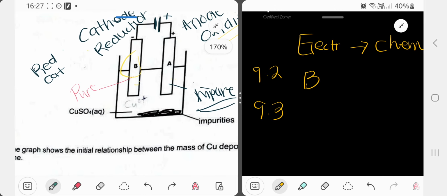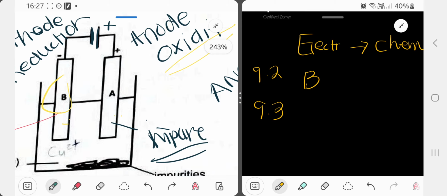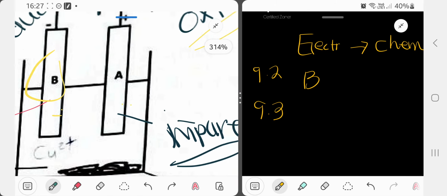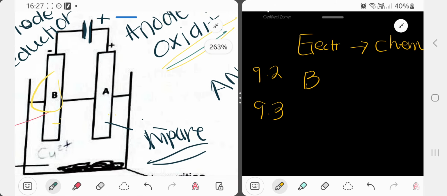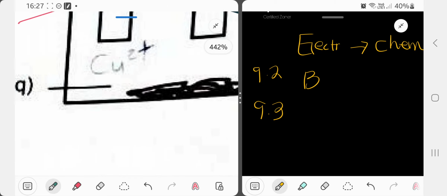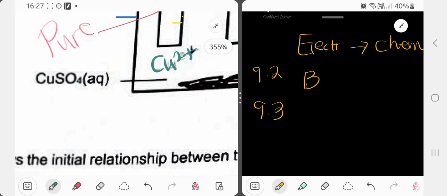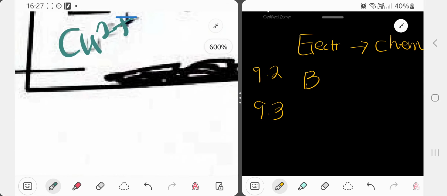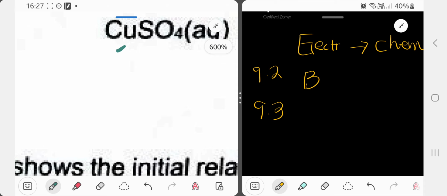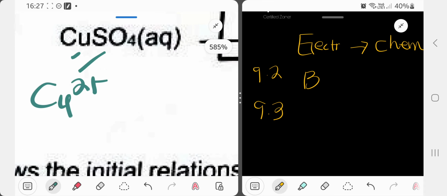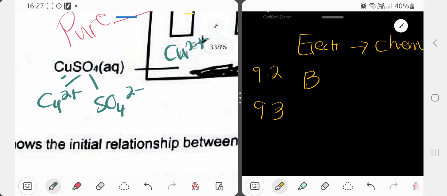Now they're asking us for the half reaction that happens at the anode. At the anode, obviously, oxidation happens. But let's see something. Here we have an electrolyte. An electrolyte is an ionic solution that conducts electricity. So we have copper sulfate, which is made of Cu2+ and SO4 2-, sulfate.